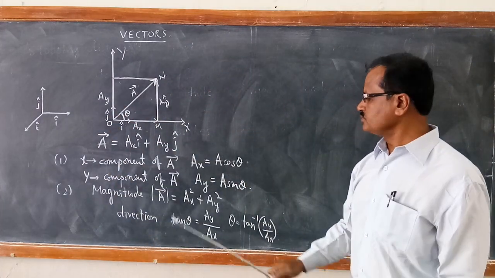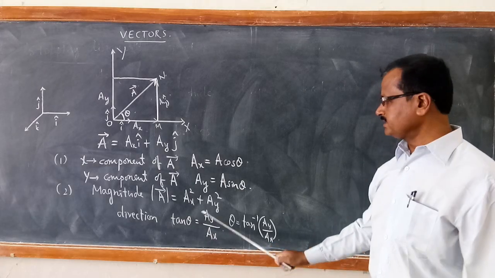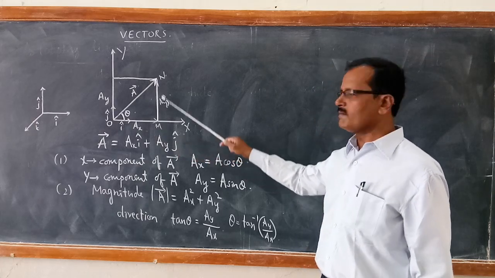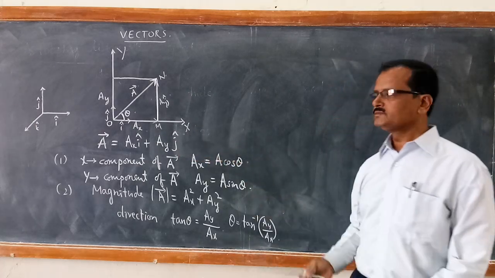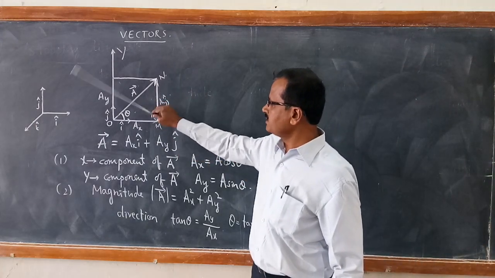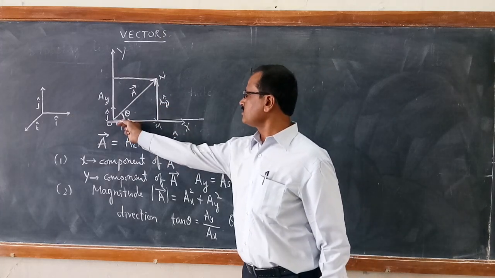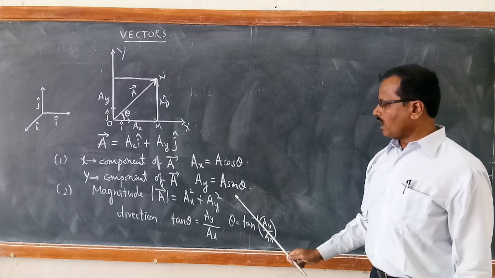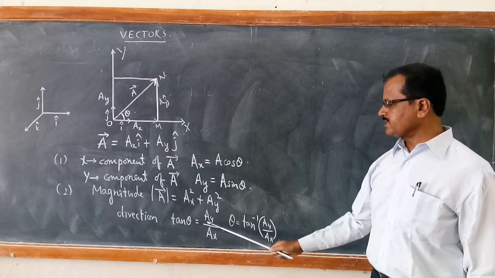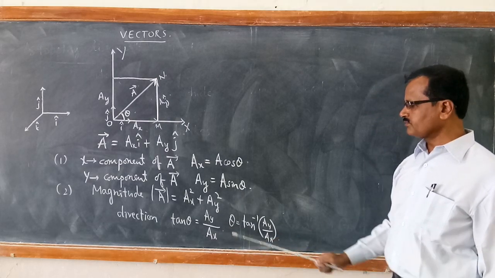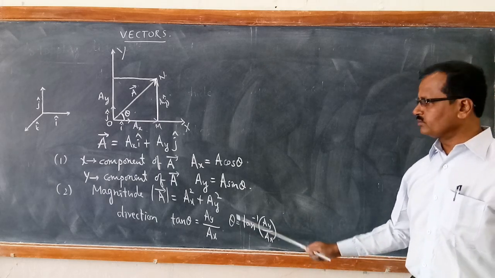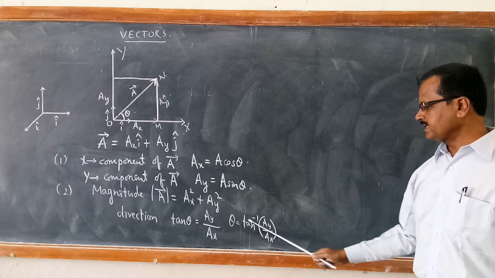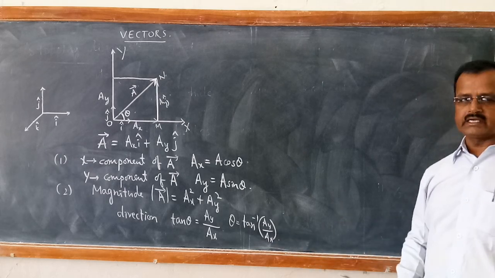That is found out using tan theta. Tan theta is equal to opposite by adjacent. This is the opposite of theta and this is the adjacent of the angle theta. So tan theta is equal to Ay by Ax. Therefore, the angle theta with respect to the x-axis is theta equal to tan inverse of Ay by Ax.